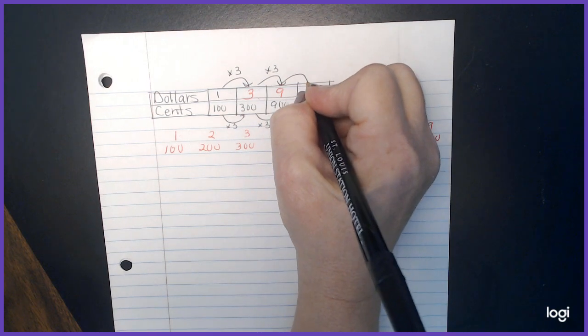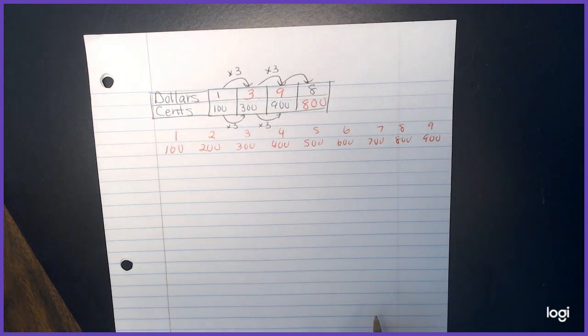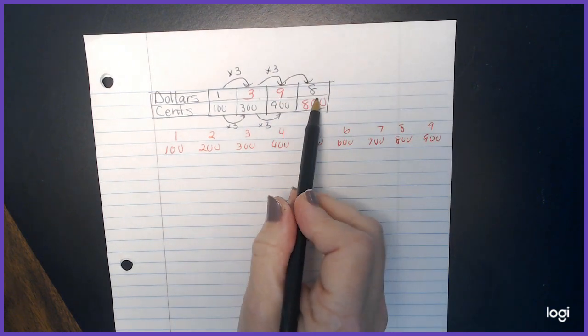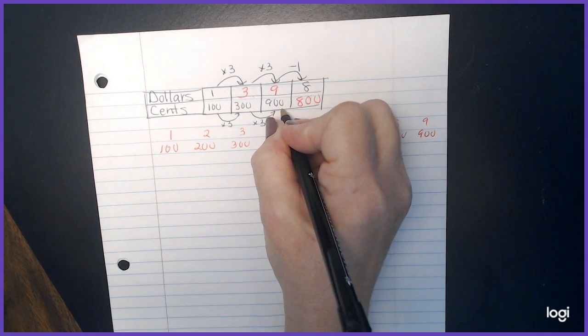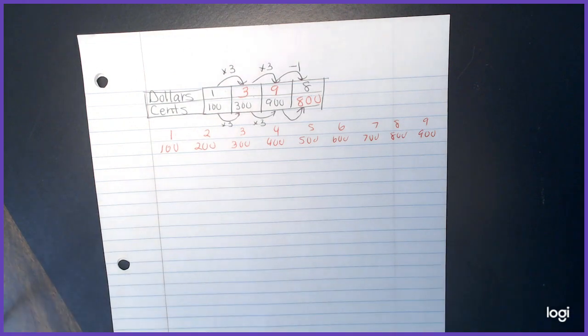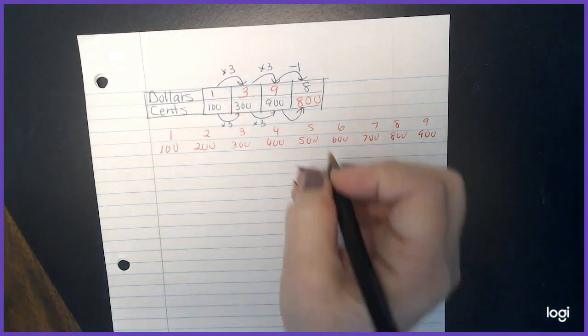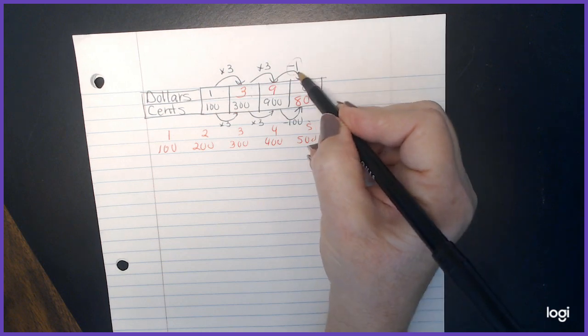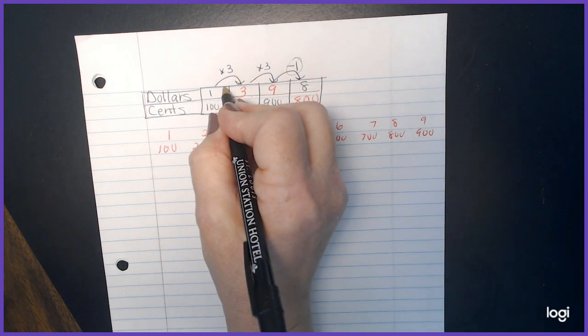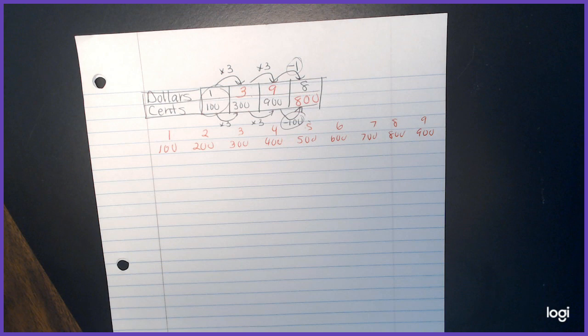But if you notice from 9 to 8, I did not multiply by 3. I subtracted 1. And so down here, I'm going to have to subtract, but I'm not subtracting just 1. I'm subtracting 100 because if you remember, the 1 and the 100 was our beginning ratio.